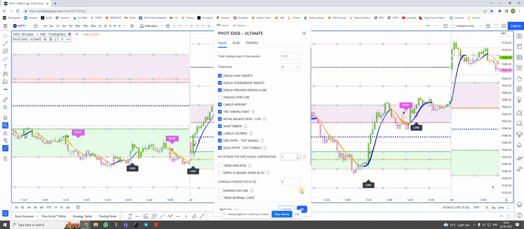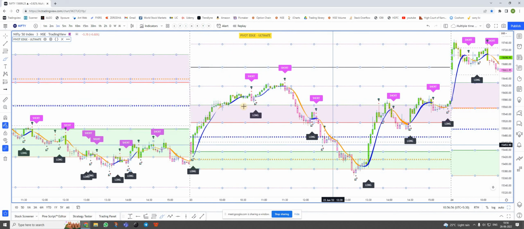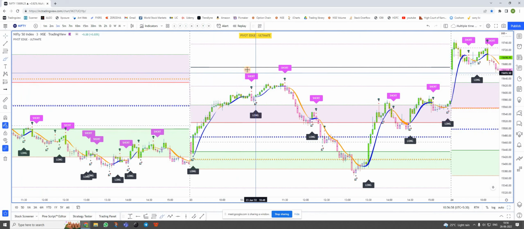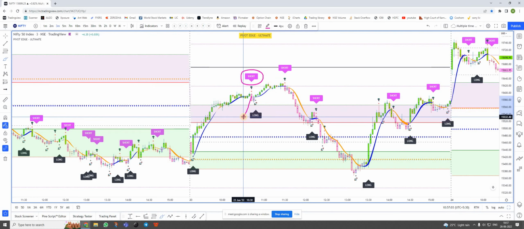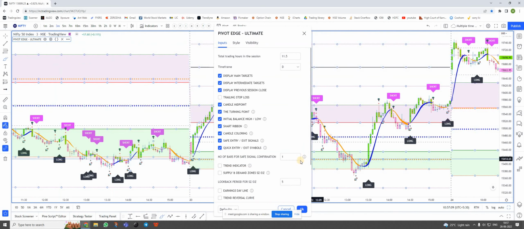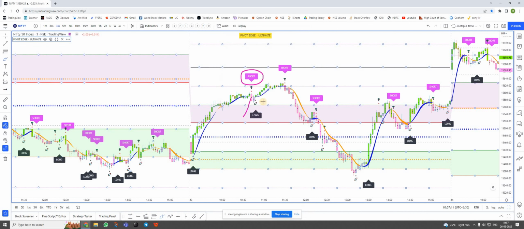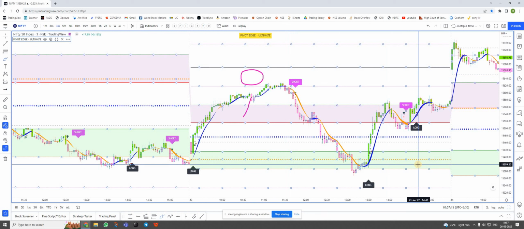Suppose I take it back to 1 bar, and now you see a lot of signals coming in between. See here, it is asking you to go short, but this is a false breakout. To stop all these false breakouts, you can use this option. You can change it to 2, so that the false breakout or breakdown is avoided here.